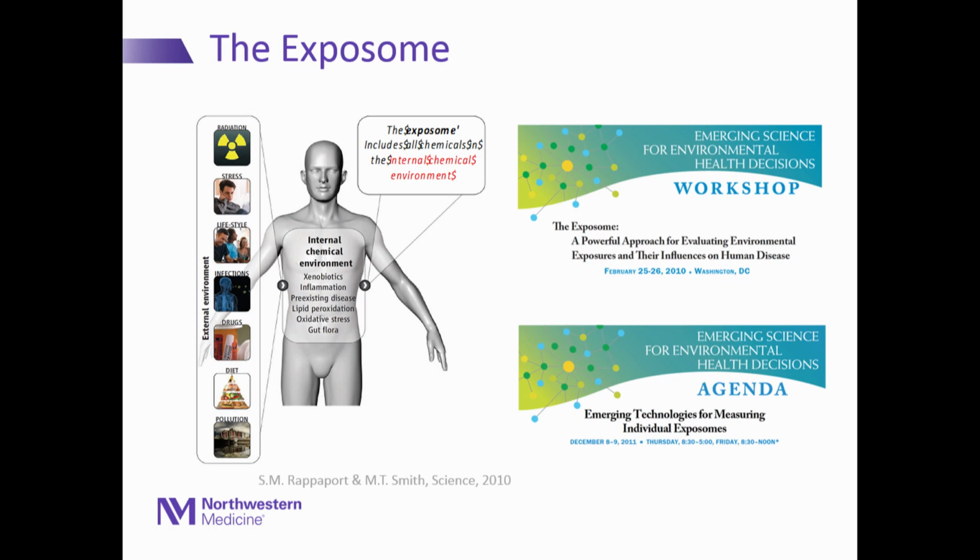I think most important here is some of the take-home messages with this is that we need to take a more broad approach when we look at exposures. That it's not just some of the chemicals that we can measure in air and in water and in food, but we have to look at our entire internal chemical environment, some of the things that we're exposed to, the reactive chemicals that are endogenous that might have causal effects with adverse health outcomes.